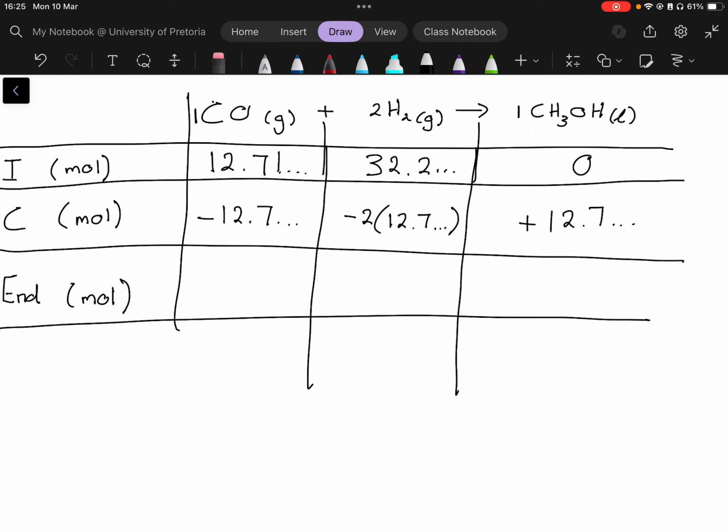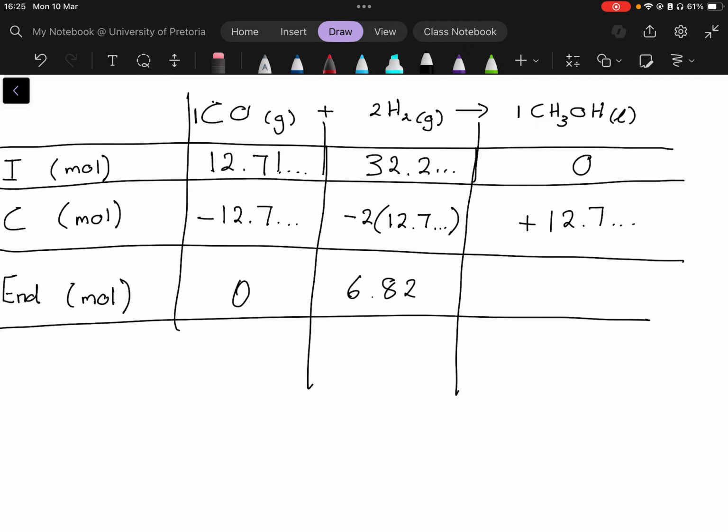Okay, so at the end, how much CO do we have left? Nothing, because it's the limiting reagent. So a limiting reagent should always end up at 0. Your other reagents will end up at some number. So this ends up being 6.82.